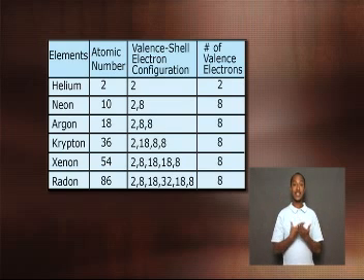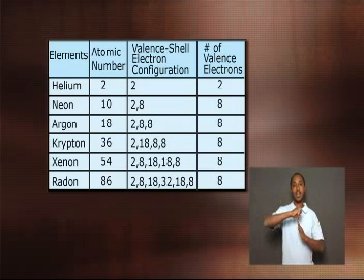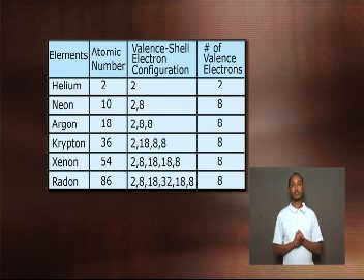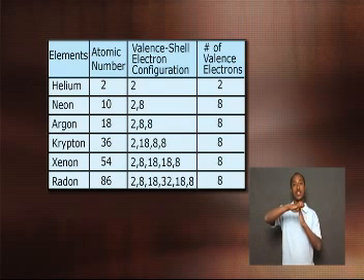These elements have stable ns2 np6 outer shell electron configurations, or 8 electrons in their valence shell. Helium is the only exception, with a stable s2 outer shell configuration, or 2 valence electrons.